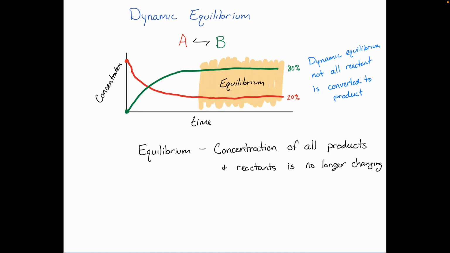What happens at equilibrium is that the rate of the forward reaction, meaning A going to B, is equal to the rate of the reverse reaction.